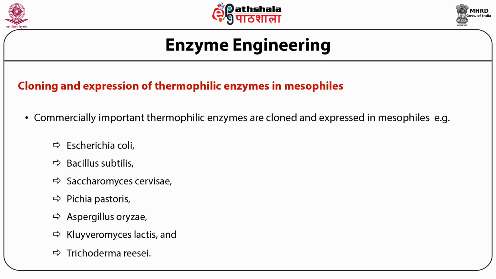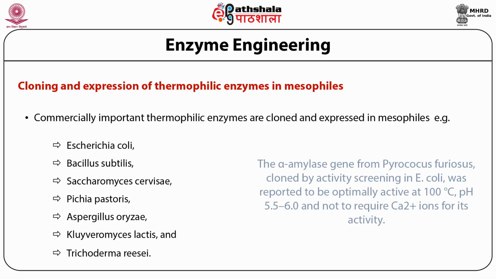To begin with, alpha amylases, pullulanases, maltodextrin phosphorylases, alpha glucosidases, and other enzymes have already been cloned and expressed in these hosts. So the example of an alpha amylase gene from Pyrococcus furiosus was cloned by activity screening, the first method which we talked about earlier, in E. coli. And it was reported that the enzyme was isolated with its properly folded structure, which showed its optimal activity at 100 degrees Celsius.